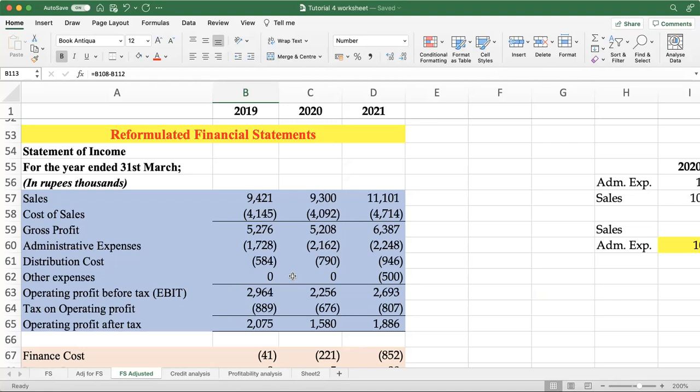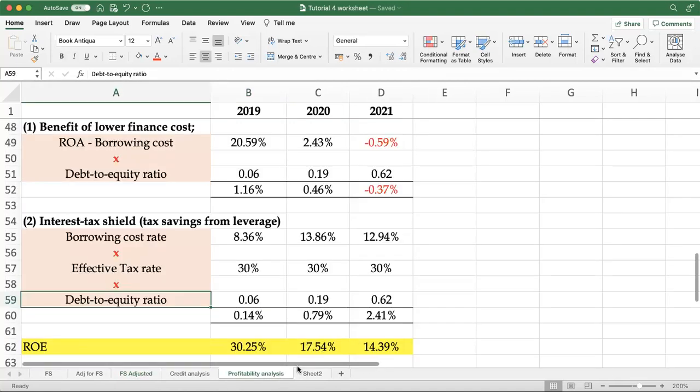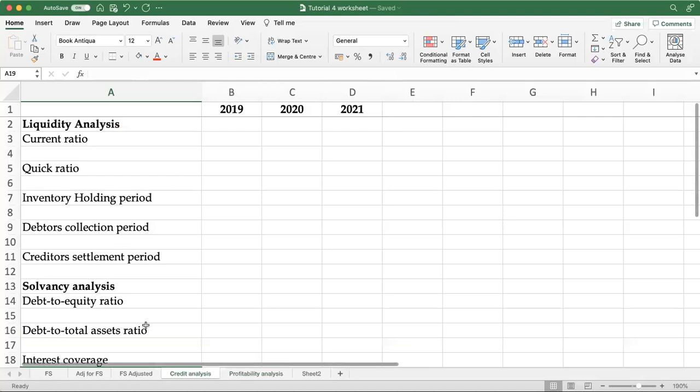Learning points in this tutorial. Now what you have to do is, you do a credit analysis, then you try to prepare a 5-page report about the company's profitability and the company's creditworthiness.